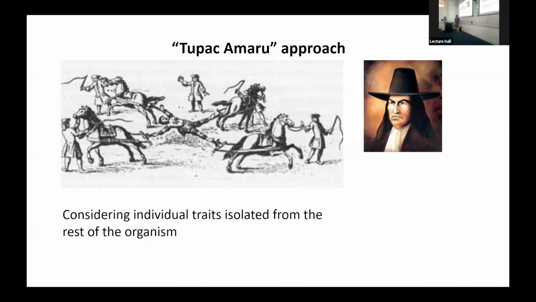He was sentenced to be dismembered into different body parts by four horses pulling from his body. And if you pay attention, you will see that work with isolated traits is very, very common. I've been author of many of such papers, and they are not necessarily wrong, okay?